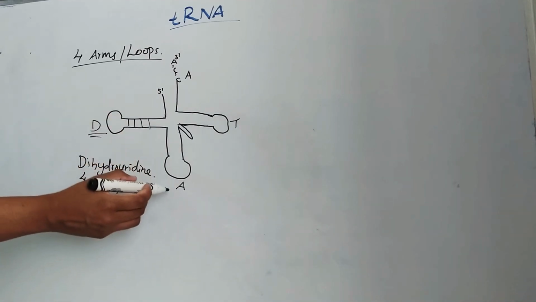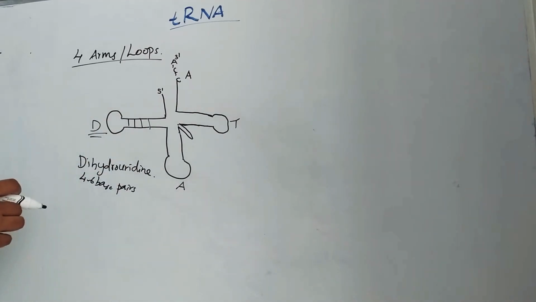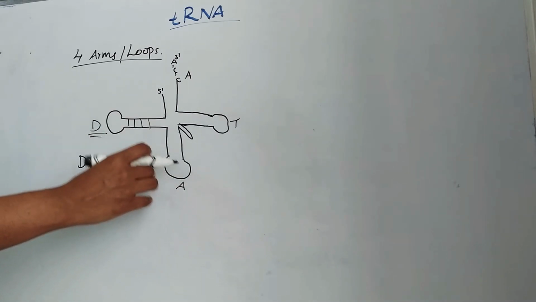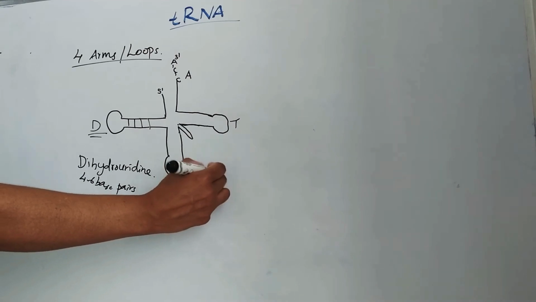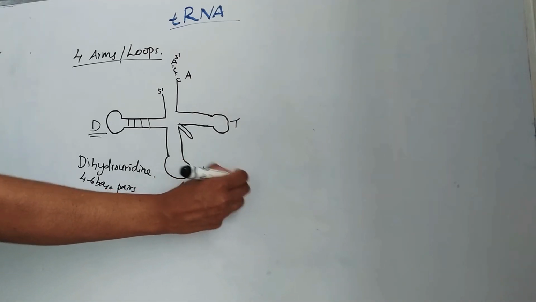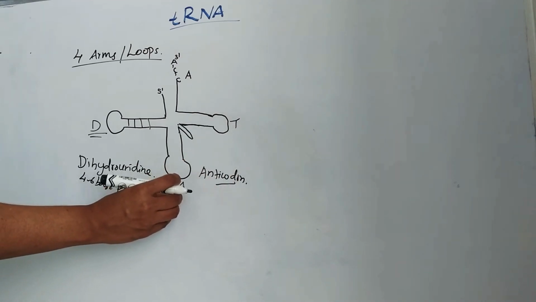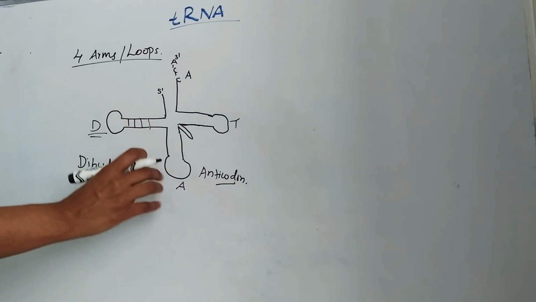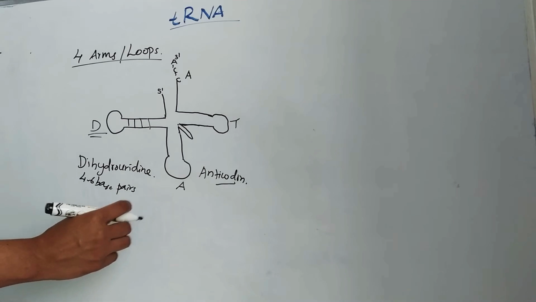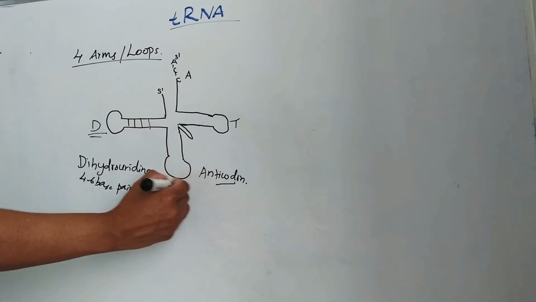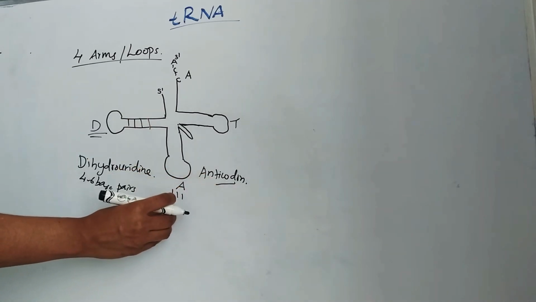Then coming to the anticodon arm. This is an unpaired and non-bonded loop, and it carries a specific sequence of 3 bases, which constitutes the anticodon.